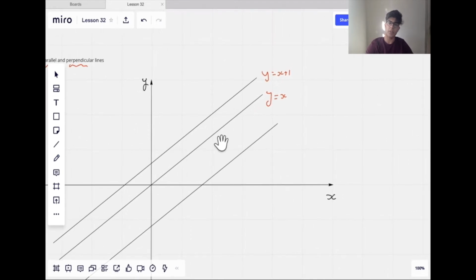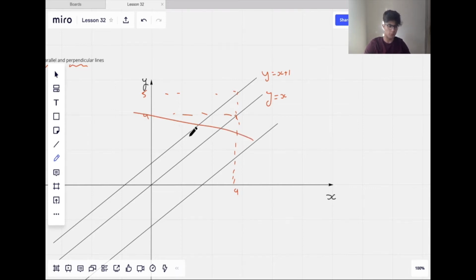Whatever the value of y is for y equals x, let's say 4, then for the other line the value will be 5, because y equals x plus 1 is 4 plus 1, which is 5. So y equals x plus 1 will always be above the line y equals x, and they'll never meet. That's a useful property we might want to know.